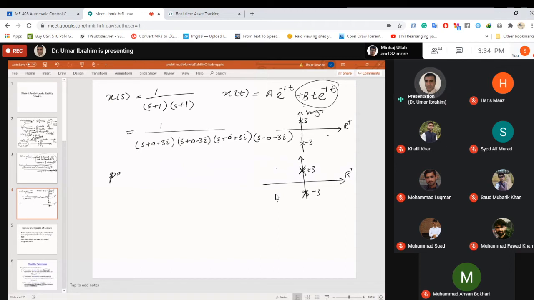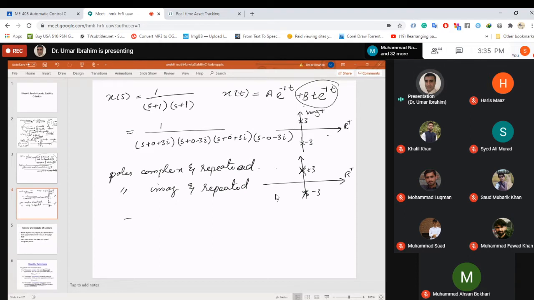So the roots, or the poles, are complex and repeated. To be more precise, the poles are repeated imaginary poles, because they do not have a real part of the complex number.